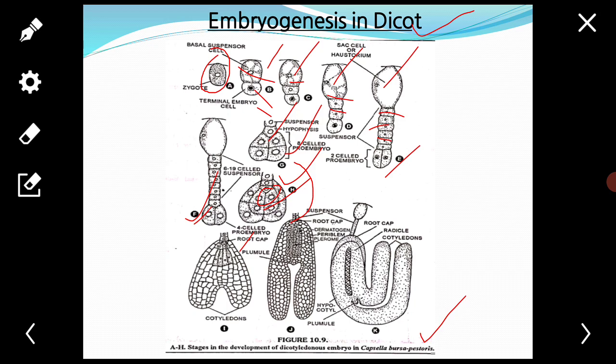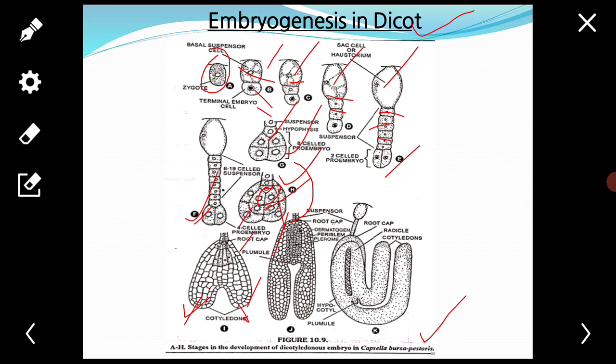The proembryo is transformed into embryo with the development of radicle, plumule and cotyledons.